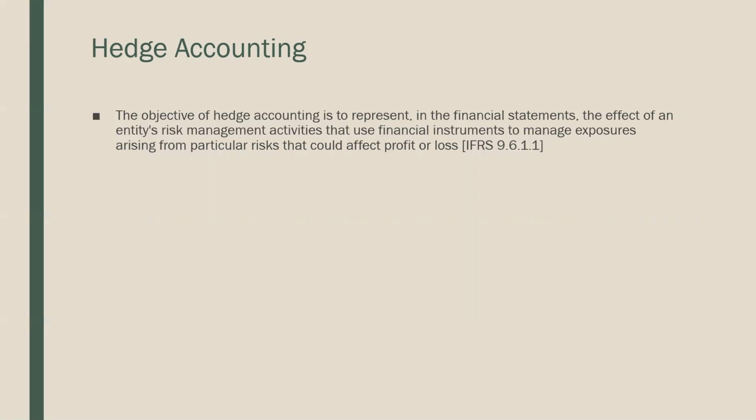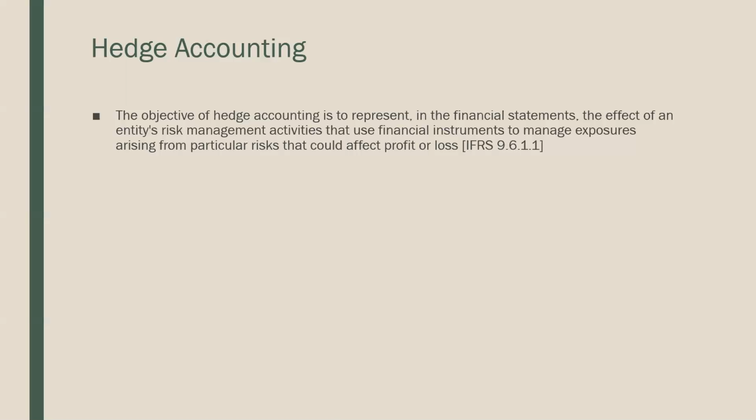gobbledygook. Basically, what you try to do with hedge accounting is to ensure that if a company is effectively using hedges to offset their risks arising from various reasons. So in this particular instance, risk arising from changes in exchange rates.